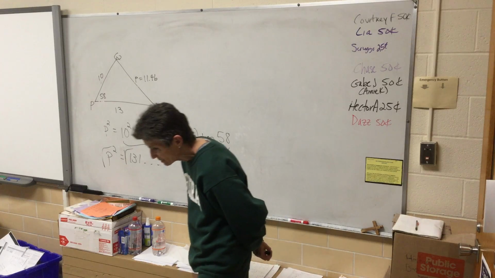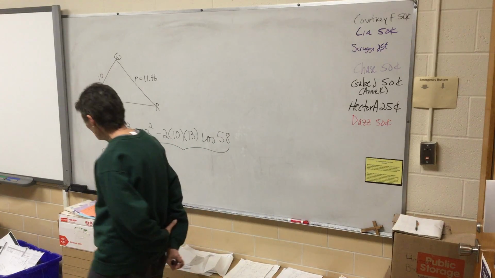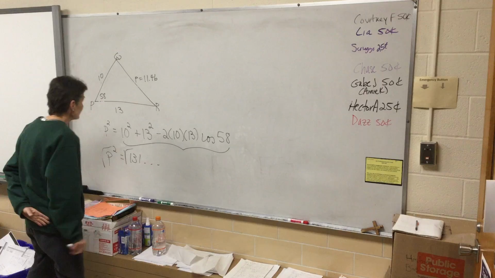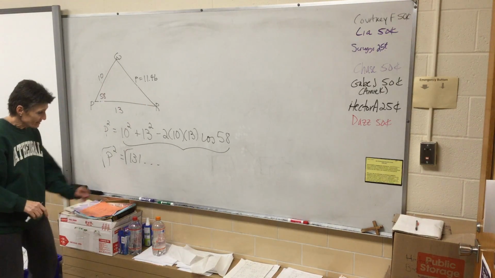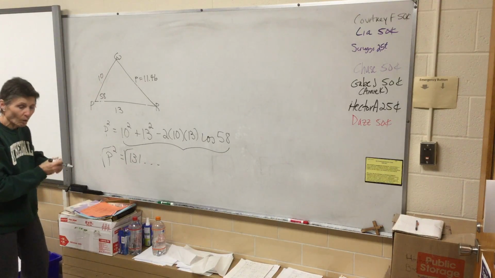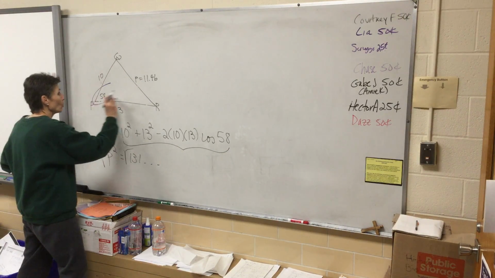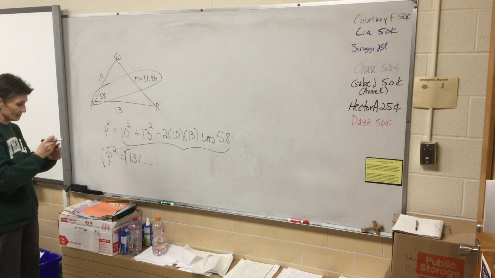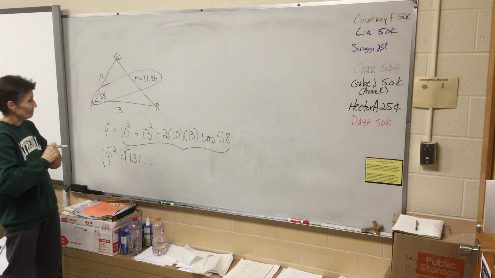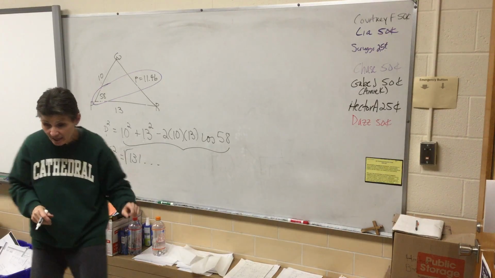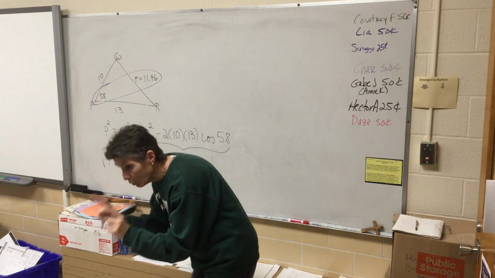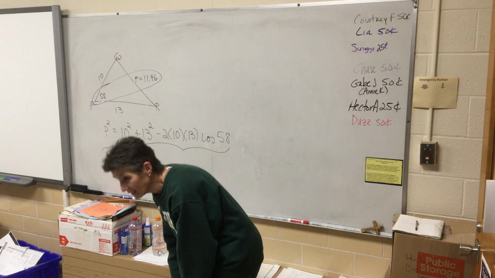Now, we are not done with this problem. Take a look at it. We still have to find these two angles. But does anybody notice what we have now? We have the p's. And as soon as you have both p's, what law can you use now?